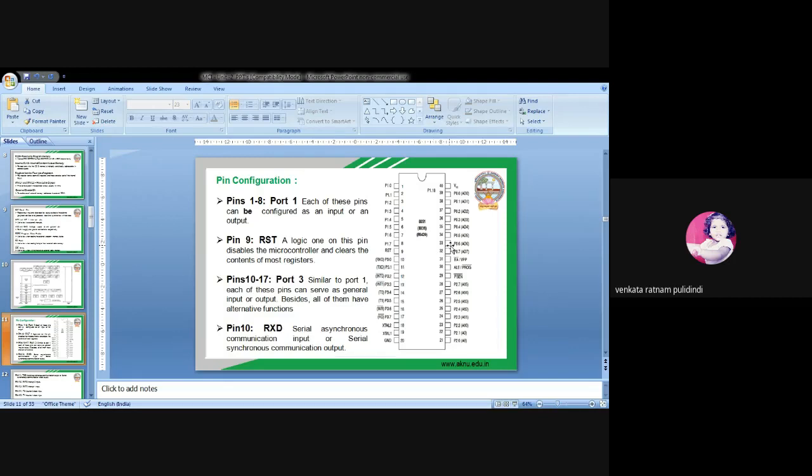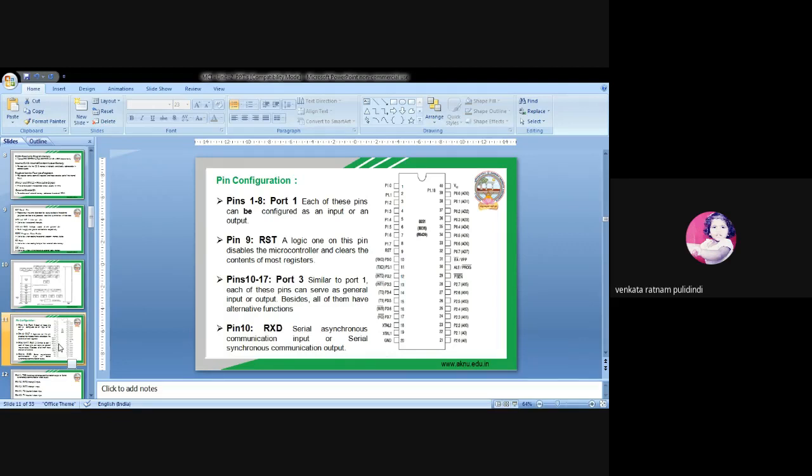One is the architecture of the 8051 microcontroller, as well as the pin configuration of the 8051 microcontroller. In the next class, we will discuss each and every element in the architecture in detail.